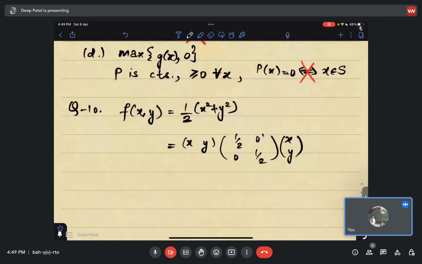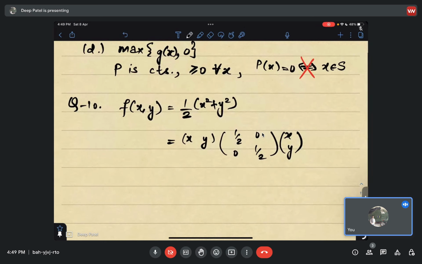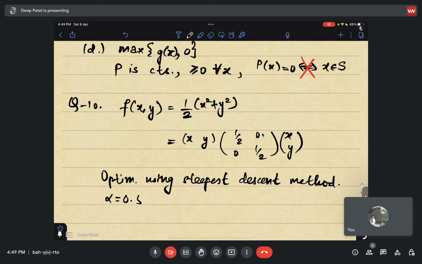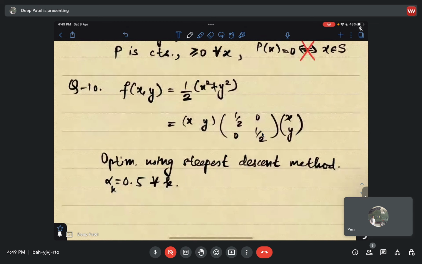Okay. So we are optimizing using the steepest descent method. Alpha is, let's say, 0.5. So alpha k is 0.5 for all k, a fixed step size.